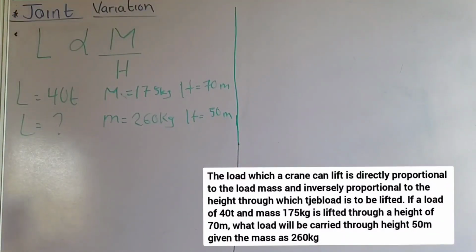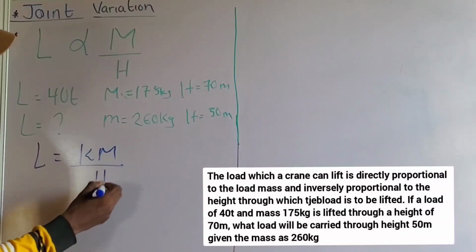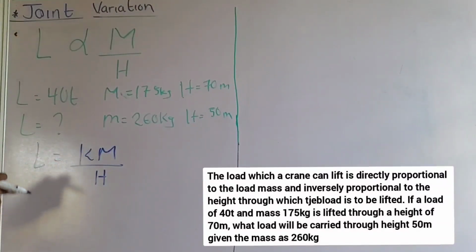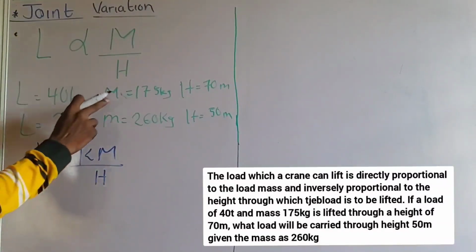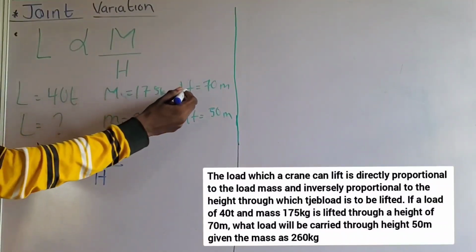To solve this question, we go the same way. Just change the variation sign to an equals sign. So I'm going to have L equals K multiplied by mass all over the height. Now to get the value of K, replace L as 40, M as 175, and H as 70.